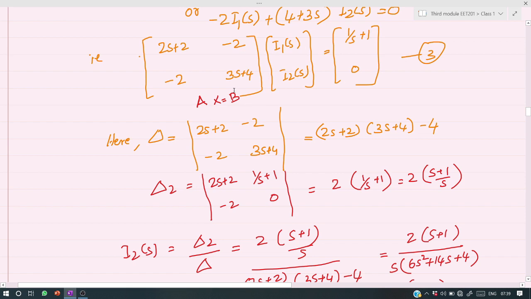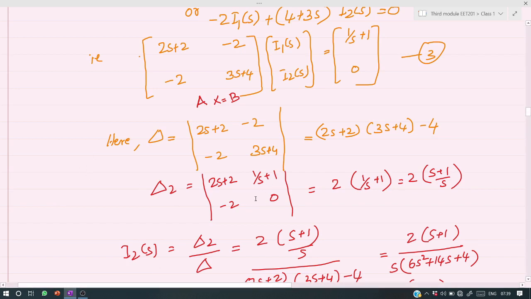In this problem we need to find the current through the 3 Henry inductor, that is 3S in the transformed domain. What is the current flowing through the 3 Henry inductor in the transformed domain? It is I2 of S. It can be obtained by the relation delta 2 by delta, that is I2 of S is equal to delta 2 by delta, where delta 2 is the determinant of a matrix which can be obtained from the A matrix by replacing its second column entries with the B matrix.